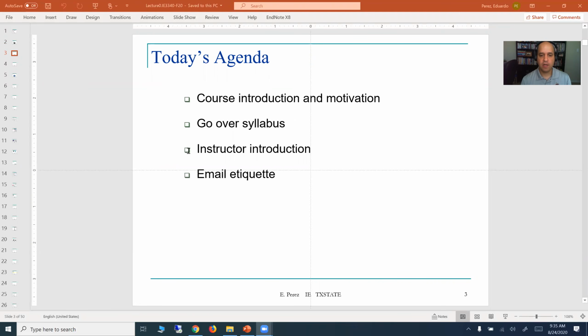Finally, we're going to talk about email, the instructions on how to send emails to the instructor, and when it is better to have a virtual meeting to discuss instead of an email. There are certain cases in which I prefer you to email me, and certain cases in which I prefer to have an online meeting with you to discuss specifics. So let's talk about that as well.